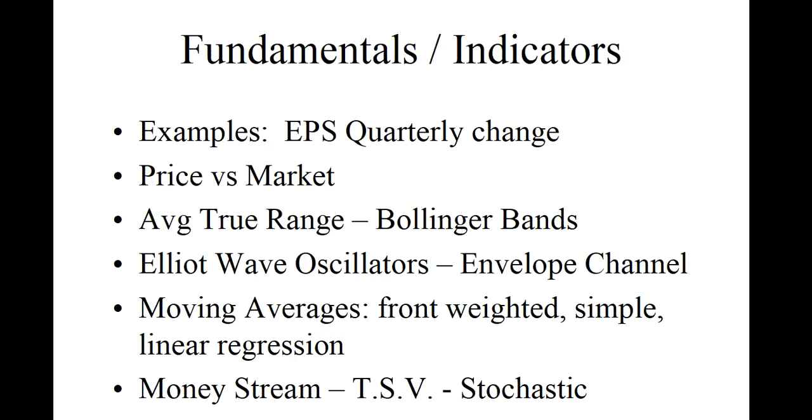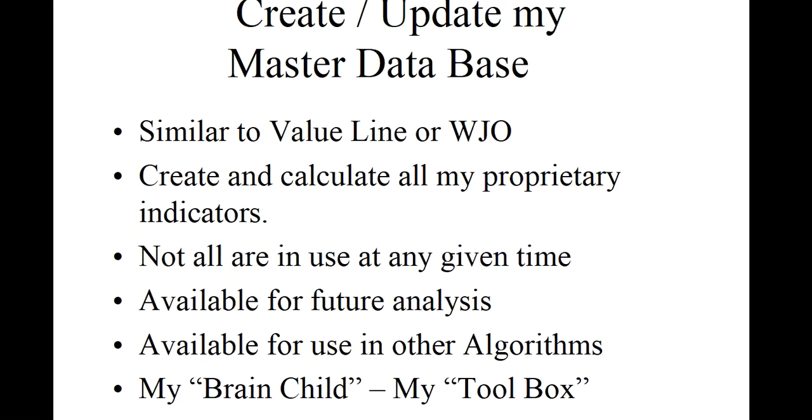We like to look at money stream here at Noplex and time segmented volume. One of my favorites that I've always found interesting is stochastics, although if you live your life just following stochastics, you'll miss out on a lot of opportunity. So these are just things that everybody sees or has access to when they look at different stock charting software. But that's what we start off with here at Noplex too.